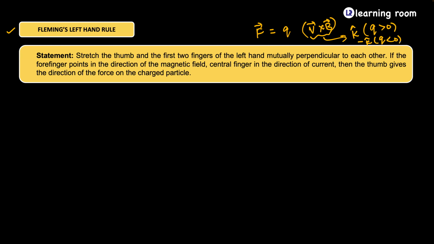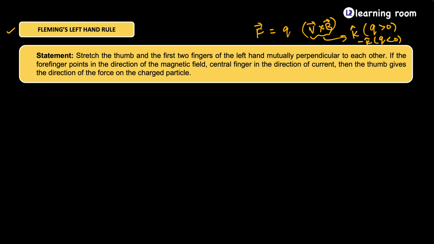Meaning, if I have a velocity vector in one direction and a magnetic field in another direction, the force will be in such a way that it is perpendicular to both velocity and magnetic field at the same time. That is the meaning of cross product. So from that idea, what we can take is the concept of placing 3 fingers mutually perpendicular to each other. That is where the idea comes from.